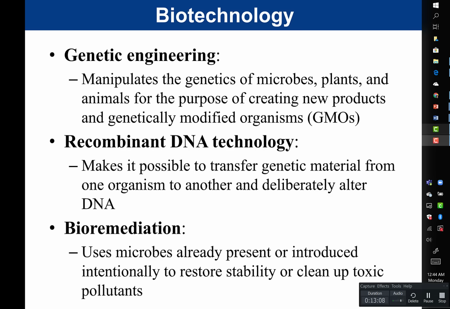And so this was used to make this humulin, this human insulin. They took the human insulin gene, put it into bacteria. They could grow the bacteria in these large bioreactors, these very large containers, and they could produce lots of insulin very quickly. And that insulin was human insulin because it was from the human gene for human insulin. And so that is a type of what we call recombinant DNA technology.